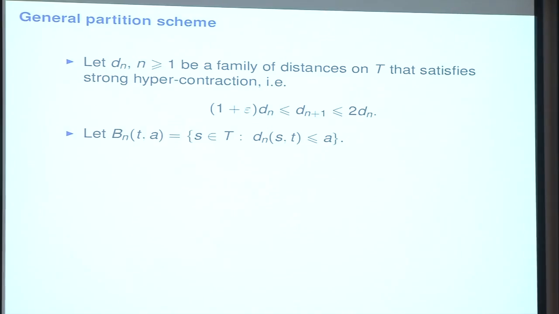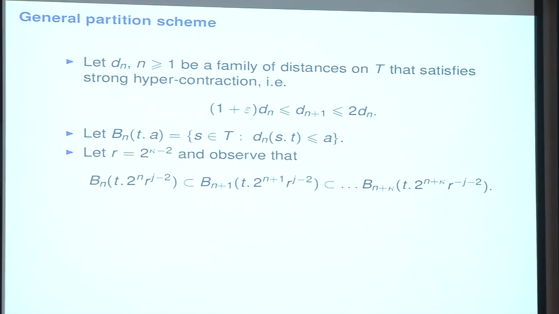And then we can define what a ball is for each such distance, and what is important, due to these inequalities for distances, is that we have some inclusions for balls here.